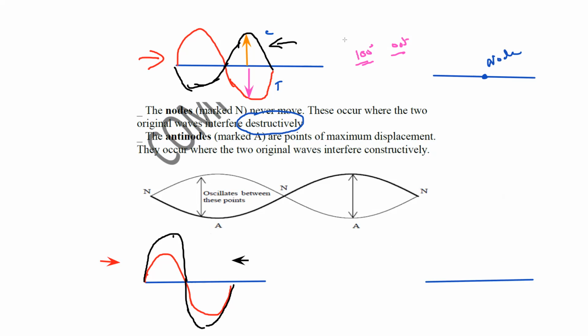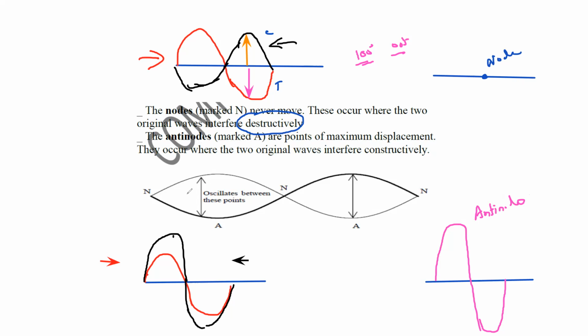So when the resultant wave is produced, it will have a much higher amplitude, and as a result, it will produce an antinode. An antinode refers to the region of particles having maximum amplitude, whereas a node refers to a region of particles having minimum amplitude, as the two waves at this point cancel out each other.